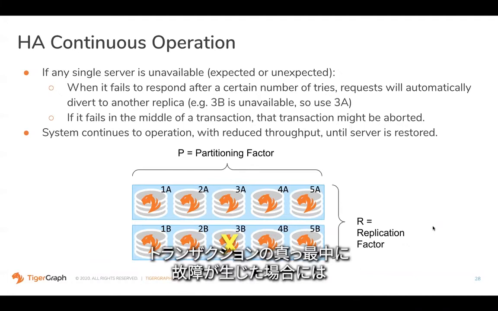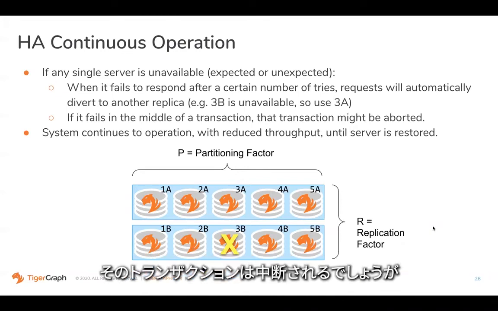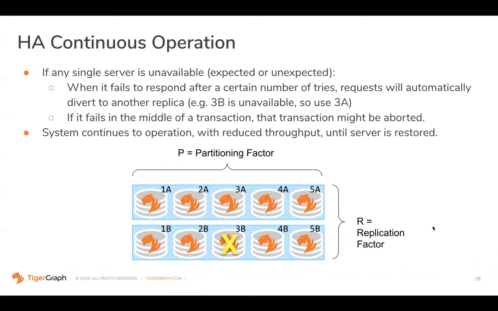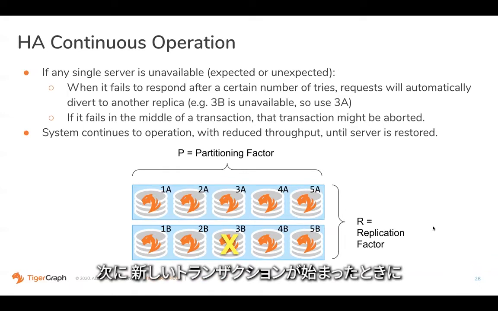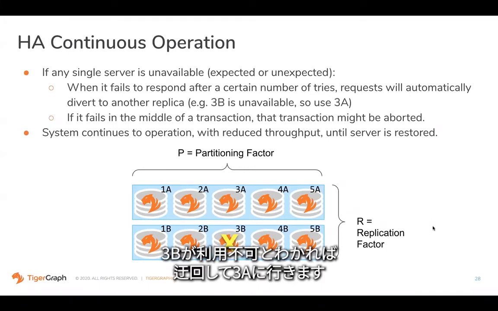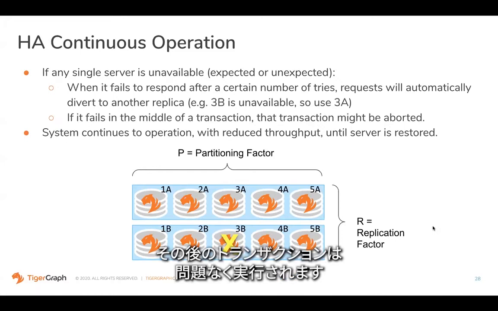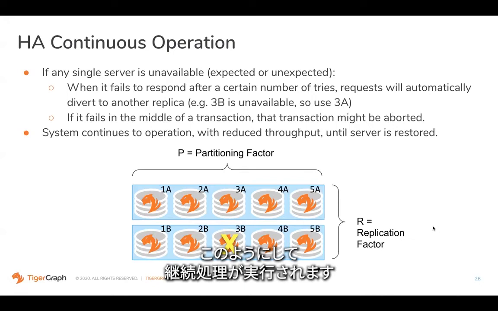If that failure happens in the middle of a transaction, probably that transaction is going to be aborted. But if a new transaction starts and it already sees that 3B is not available, it'll just work around it and go to 3A. And so other subsequent transactions will run fine. So there is continuous operation.